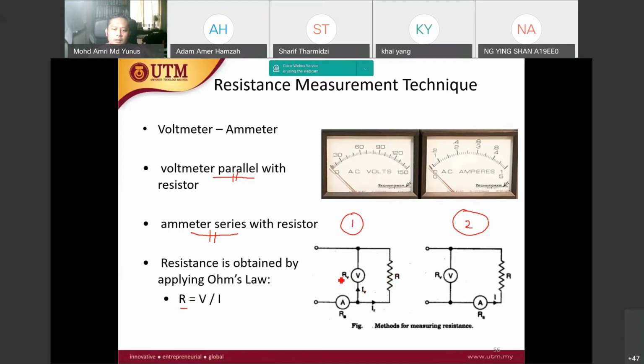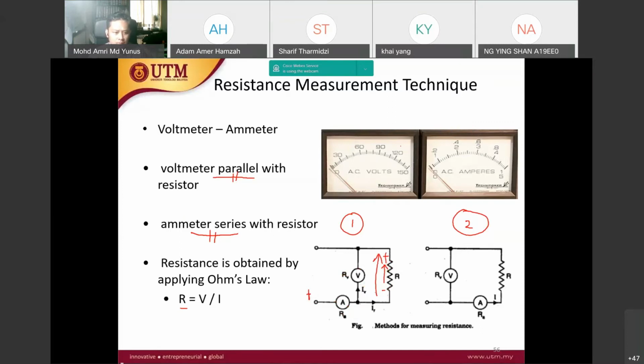In this example, we want to measure R. When we put it in parallel with the resistor, it measures the voltage drop here. And then the ammeter must always be in series.